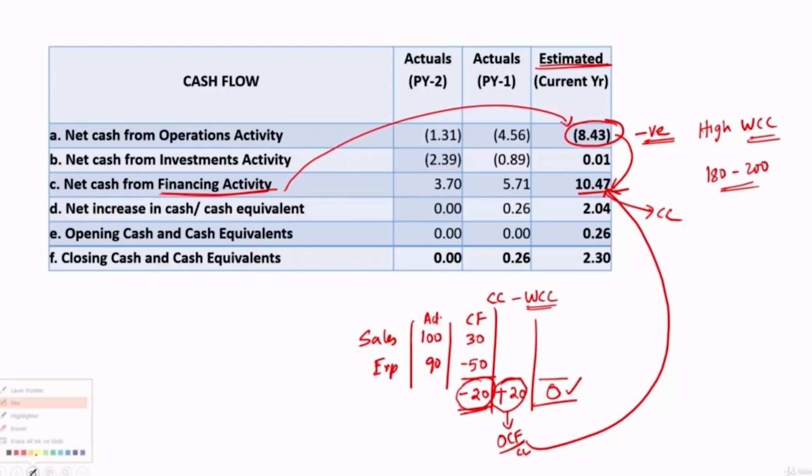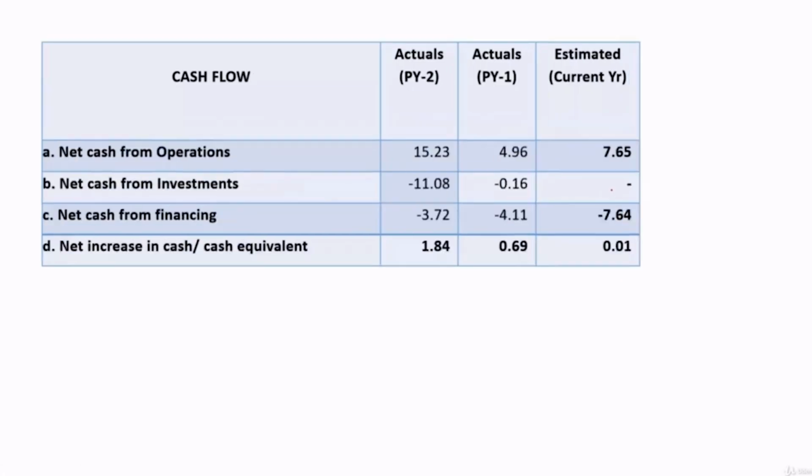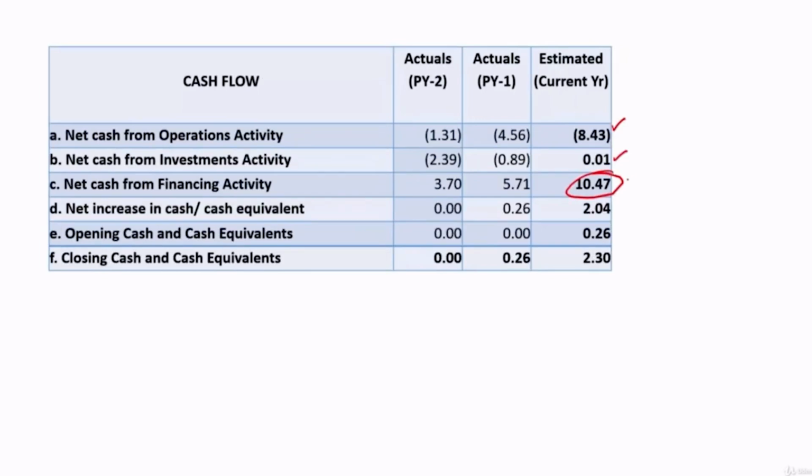Let's continue. Here they are estimating this, but it can be accepted only for the discussed reasons, and there is some small estimated investment in investment activity, that is fine. This 10.47 crore has to be analyzed, because they are estimating almost double the level of the previous year's financing activity.